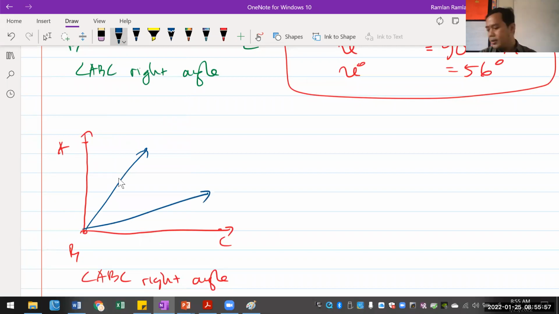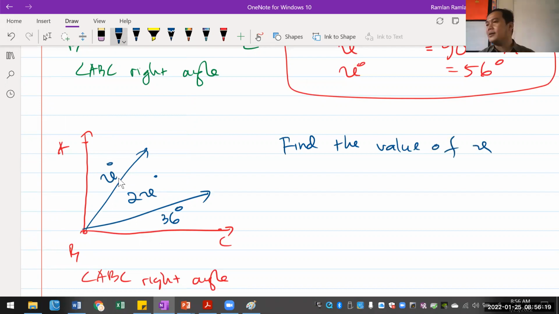Let's say this one is 2x, this is x degrees, and this is 36 degrees. The question is: find the value of x. What if we have something like this? Anyone want to try?